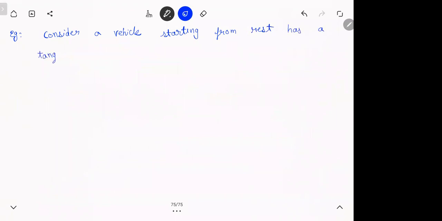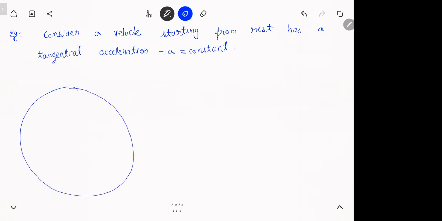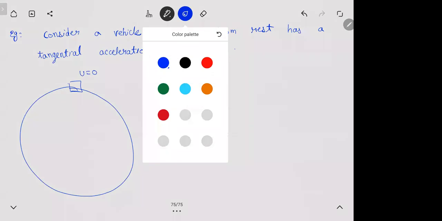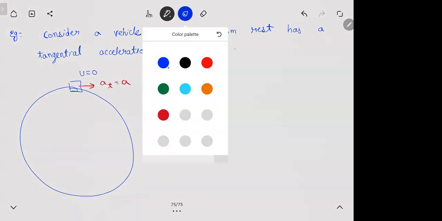It has a tangential acceleration a, which is constant. So let's see what happens exactly then. We have a particle here and there's a vehicle here. Initially your speed was 0 and there is an acceleration. This is your a tangential, which is a. Her radius is r.